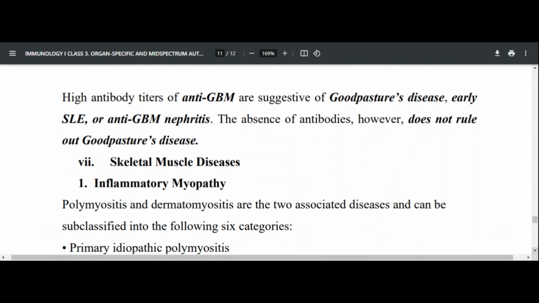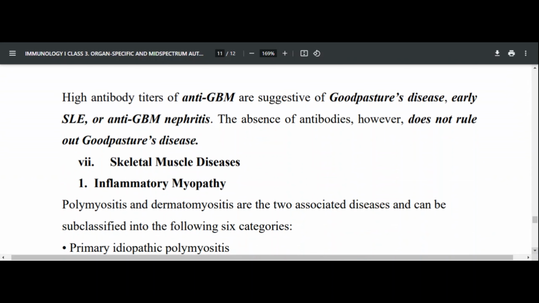In this condition, we are able to find anti-GBM, which is suggestive of Goodpasture disease, which is of course a kidney disease or a glomerular autoimmune disease.